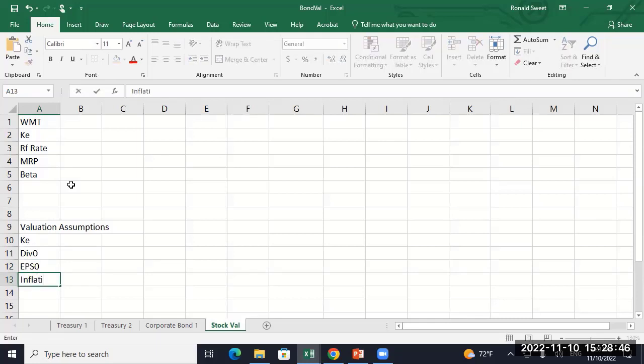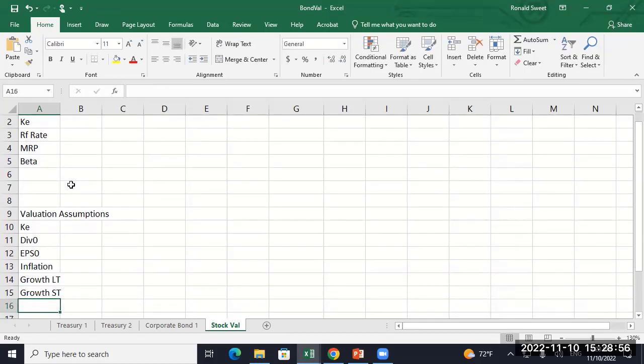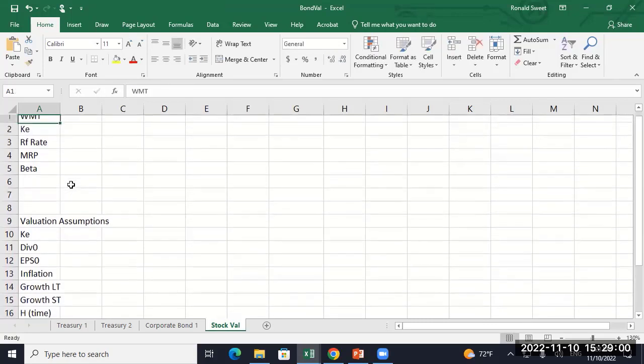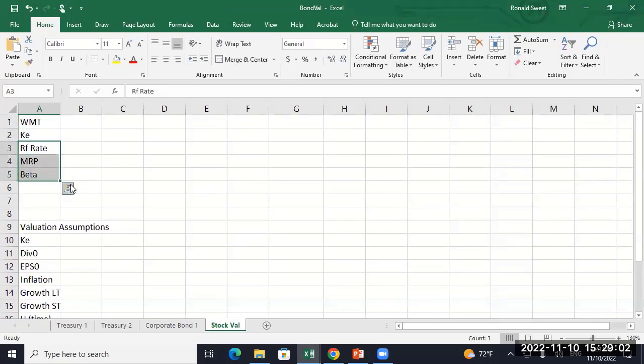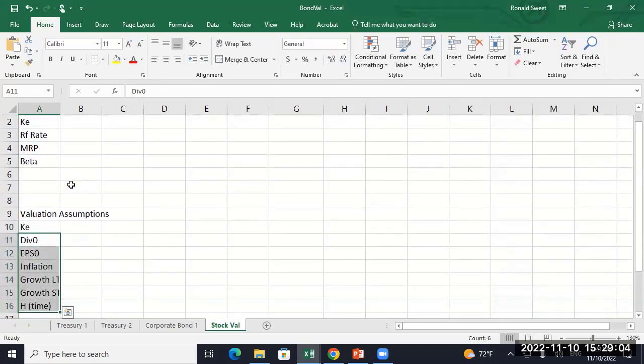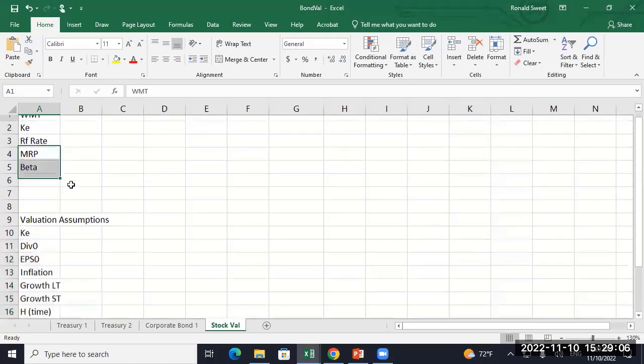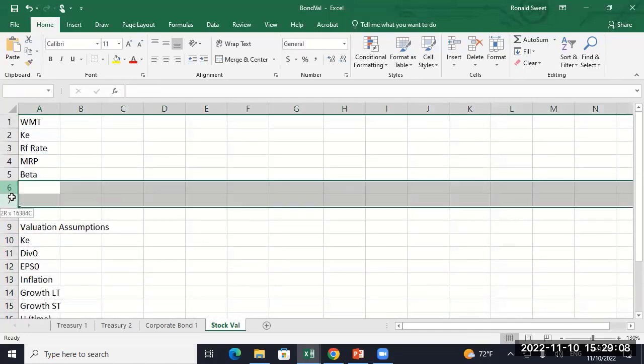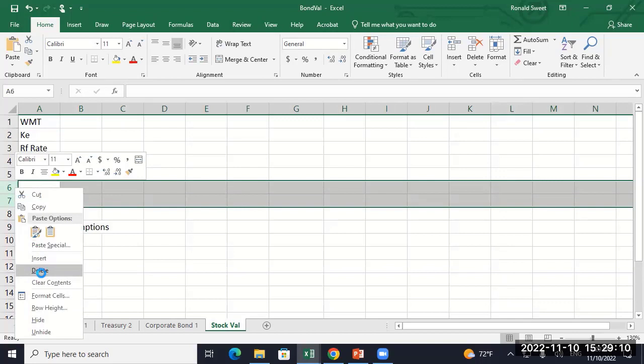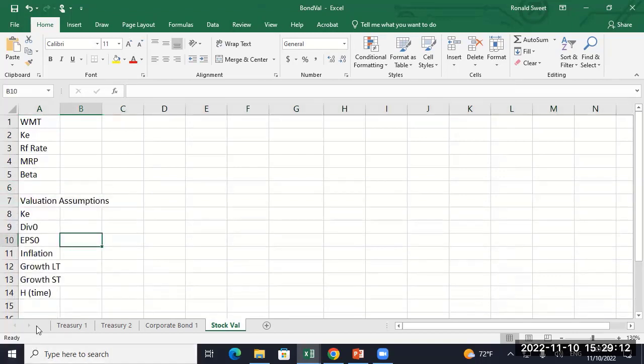We need inflation. You'll see why we need inflation. We need growth long term. We need growth short term, and we need H time. Right. So you're essentially writing a paper to get 9 numbers. There is some overlap in these numbers.